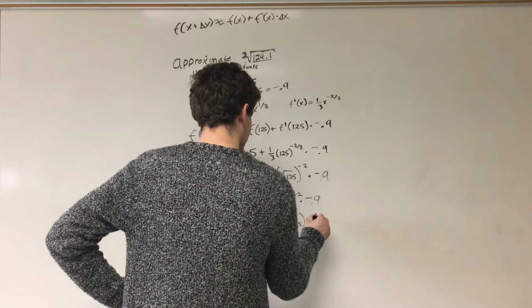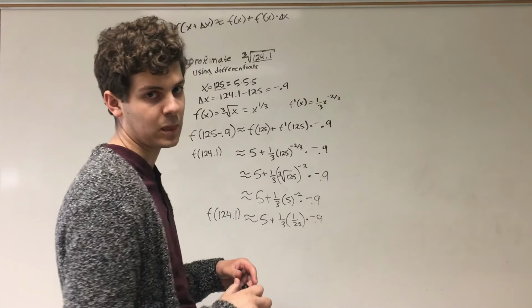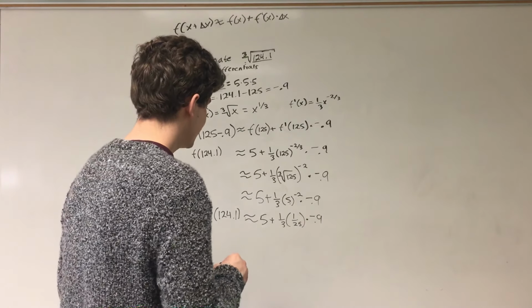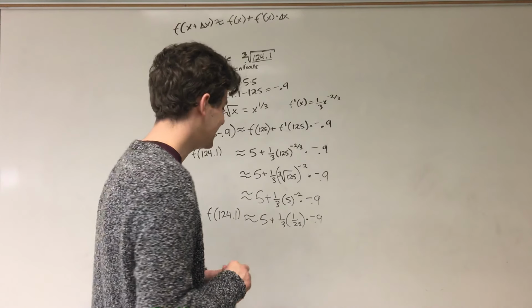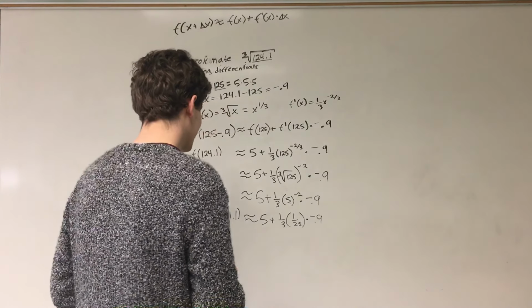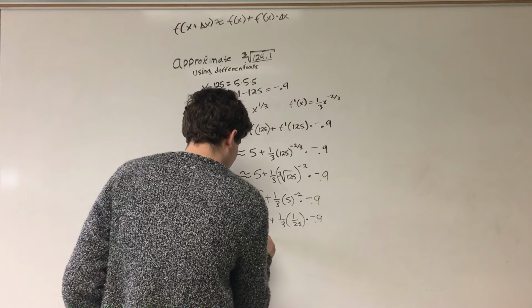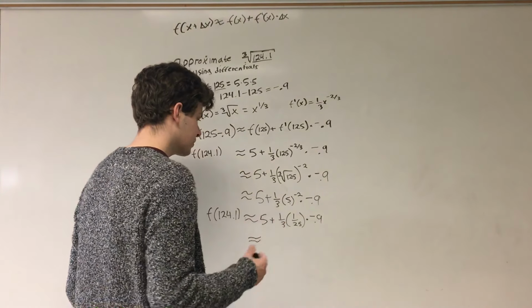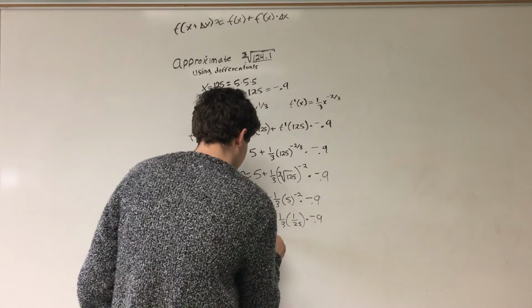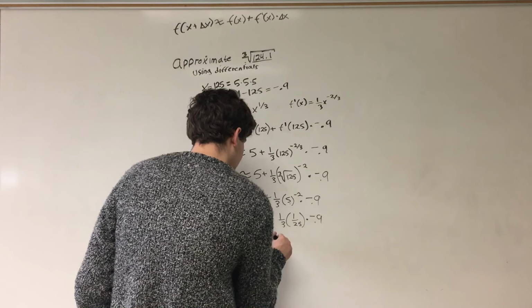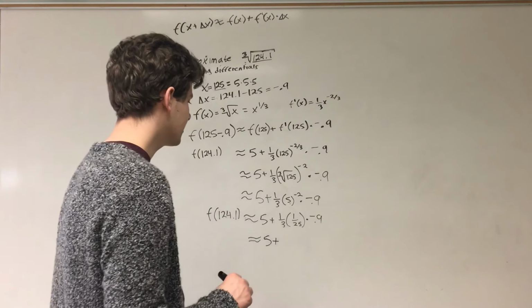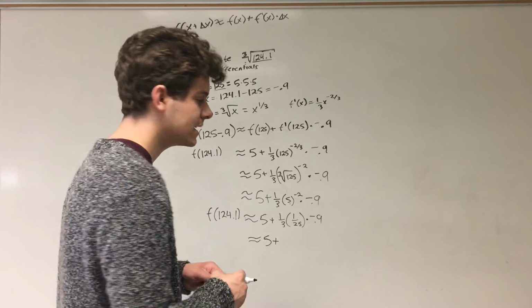times negative 0.9. Now I'd caution you with reducing this, because I was trying to do it earlier and it does sometimes lead to some problems. So depending on what your teacher asks for, definitely see what they would want you to do, whether they want you to reduce this or not. But let's try here. So we have 5 plus this negative 0.9 is going to be negative 9 over 10.